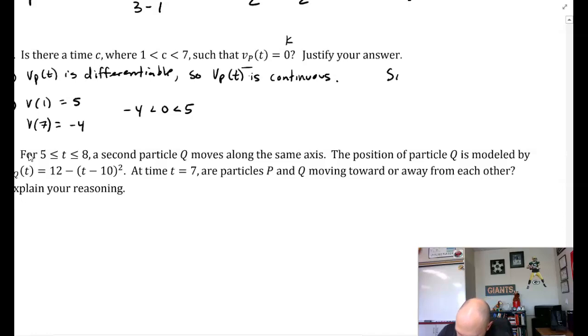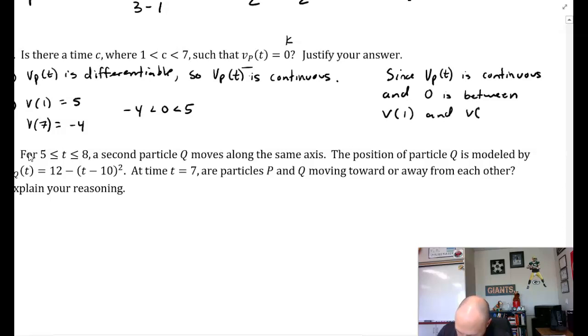So we say, since v sub p of t is continuous and 0 is between v of 1 and v of 7. And then here, so I stated my conditions. Now I'm just going to go ahead and copy exactly what they said.